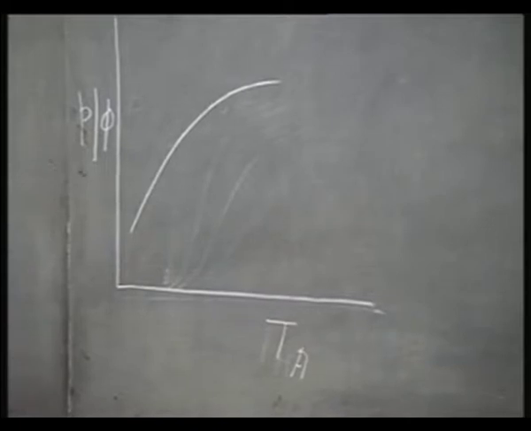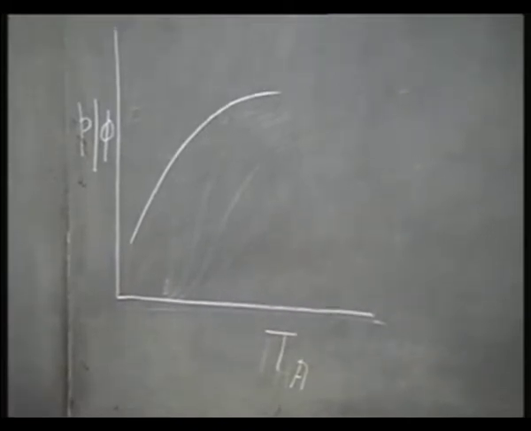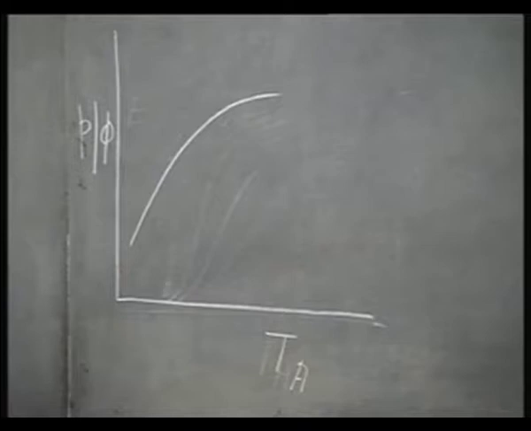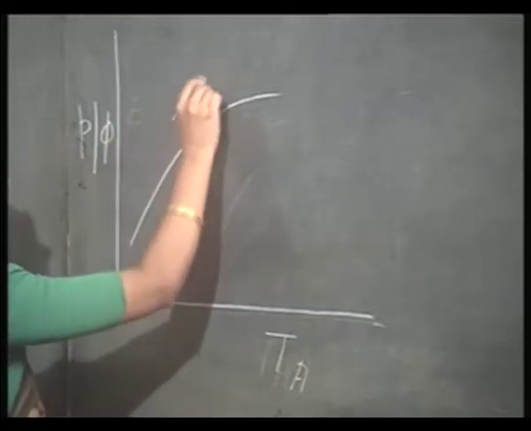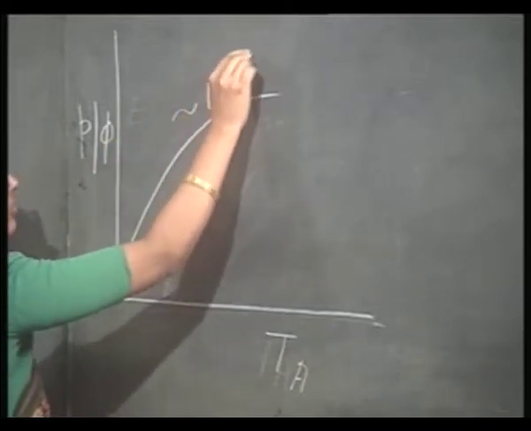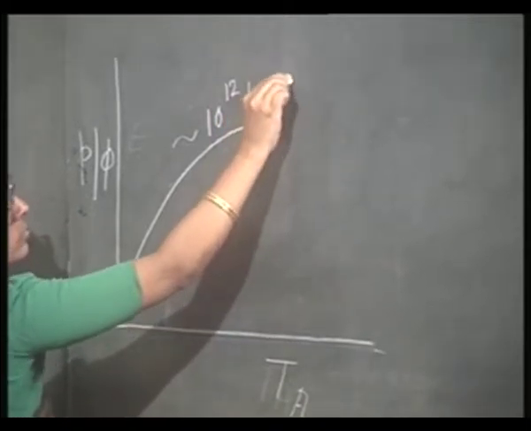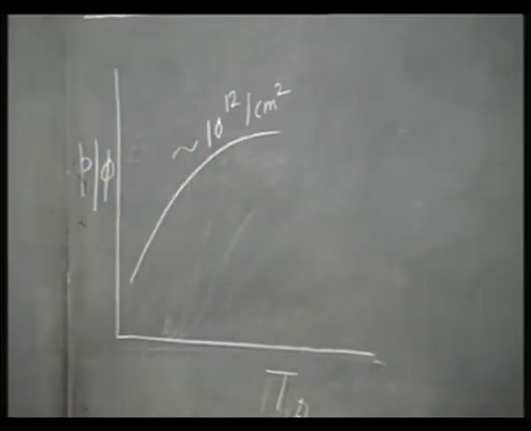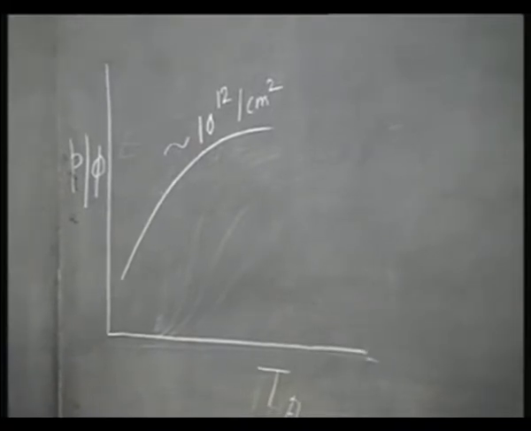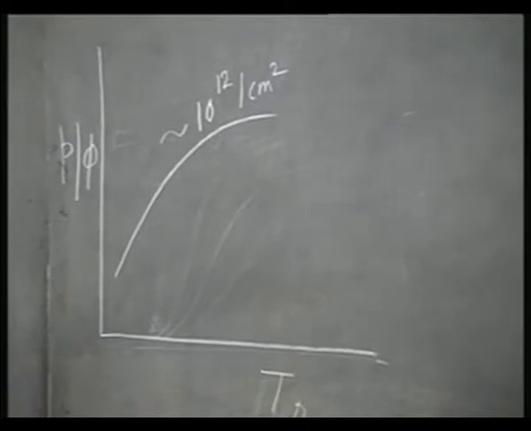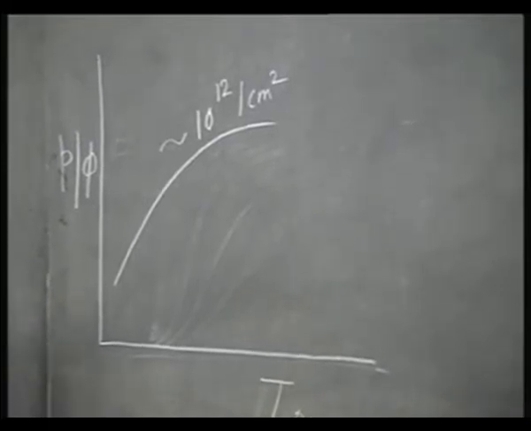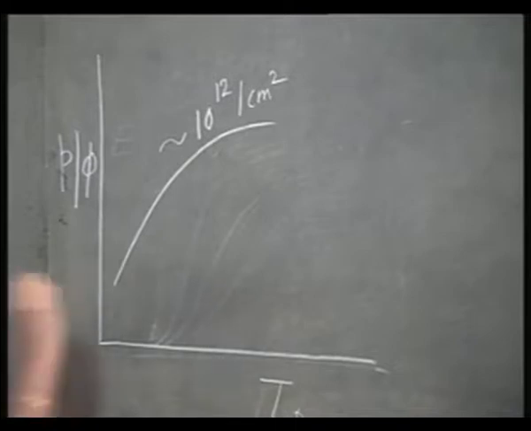Everybody is agreed, right? Well, this really happens when the dose is comparatively less, say of the order of 10 power 12 per centimeter square, 5 into 10 power 12 for example. This really happens. If however, you go to higher doses, then you begin to find a very funny situation.